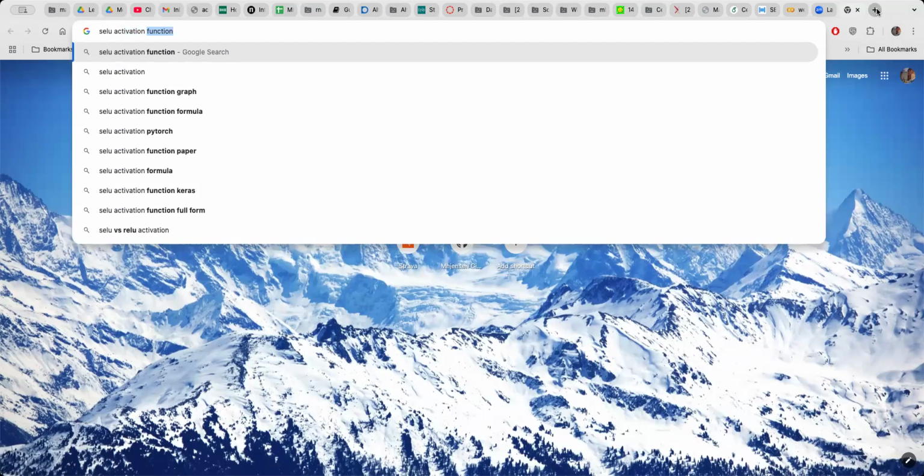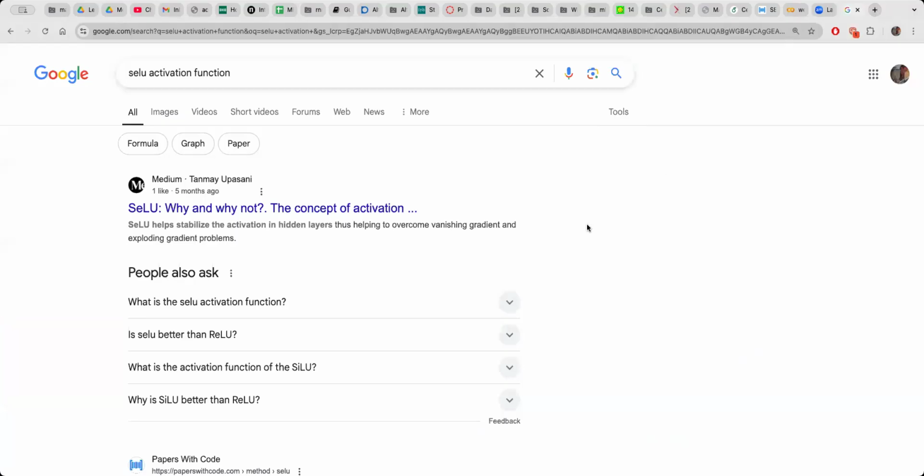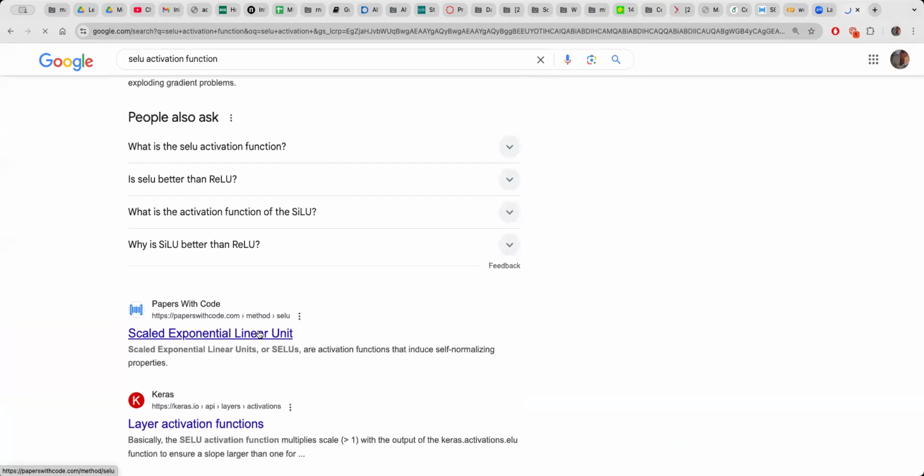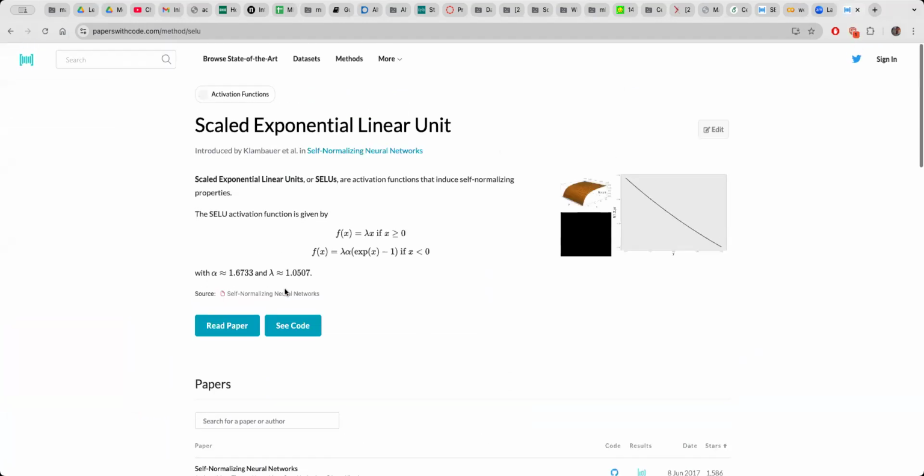As I said, there are tons of these functions. So the CELU one is a function which, when x is larger than or equal to 0, contains just a hyperparameter lambda multiplied with x. And when x is below 0, it has an exponential, a linear exponential. So this is another one which you can add to the family of activation functions. And in this specific example, we are using this function.